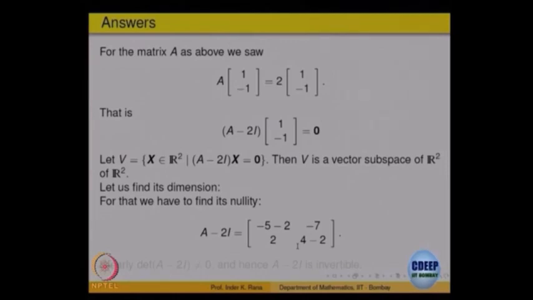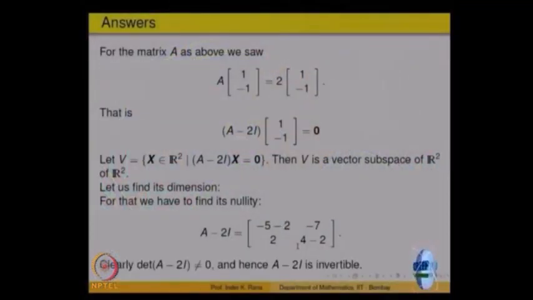Okay, it is 0. So if it is 0, then what should happen? It should not be invertible. That means there is some solution, which we have already gotten, one vector is already there. So this is a typo here. Let us find out.